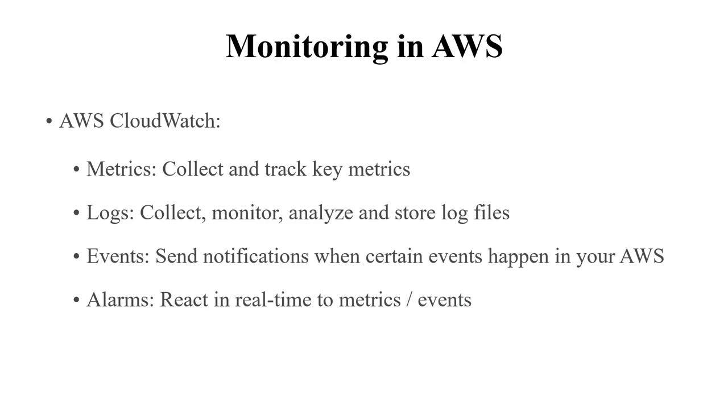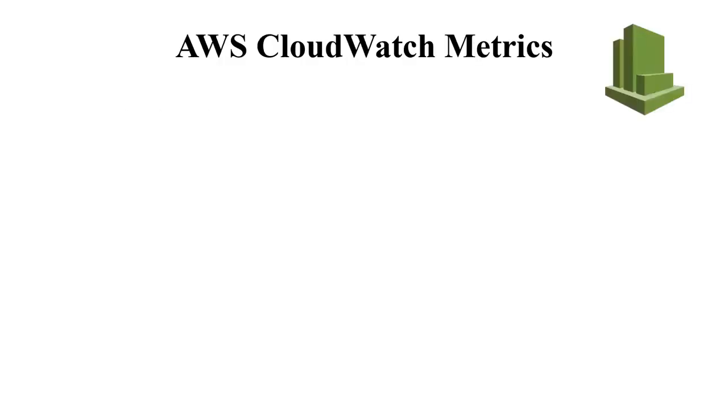CPU utilization reaching 70% means some alarm has to be triggered to perform that particular event. The event is either sending a notification or calling other services. These are all the four concepts we should understand from CloudWatch: metrics, logs, events, and alarms.